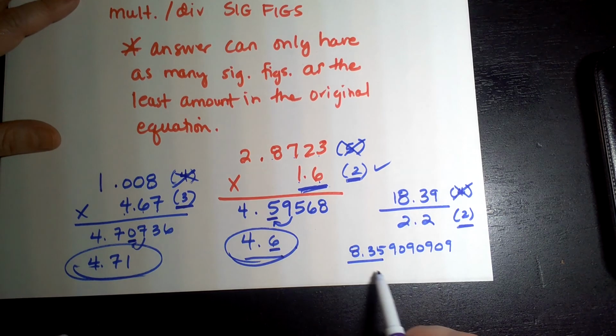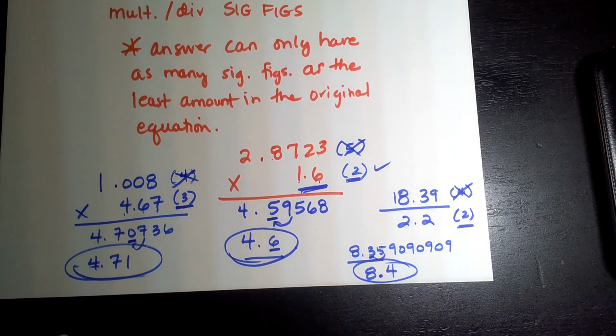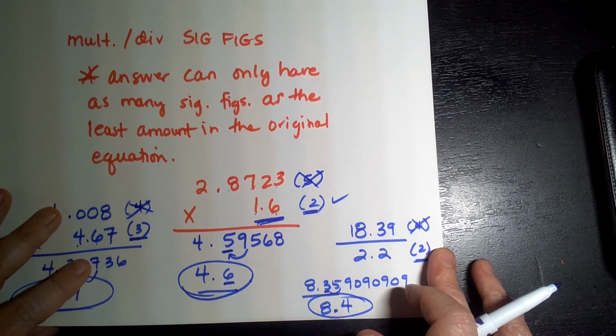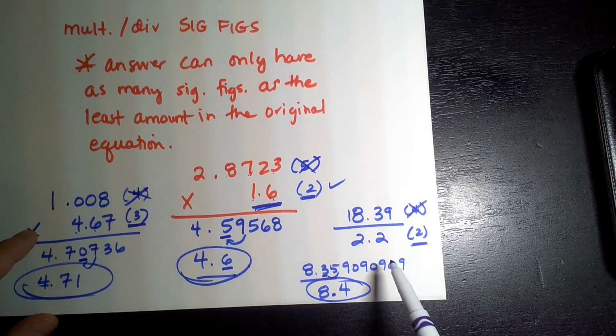Round it. I know I'm going to have an 8 point. It's not going to be 3. That 5 rounds it up. So it becomes 8.4. So from now on, whenever you're doing math problems for me, you should be able to know how many places you should round your answer based on significant figures and the rules. So when we add or subtract, it's based on how many decimal places least, and then when we multiply divide, it's the same thing.